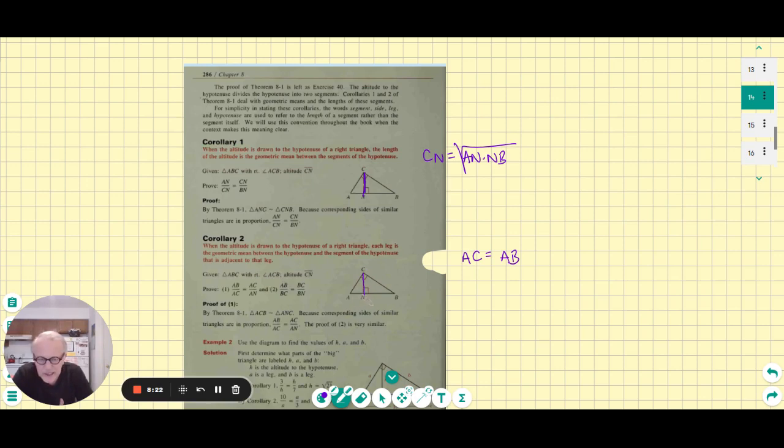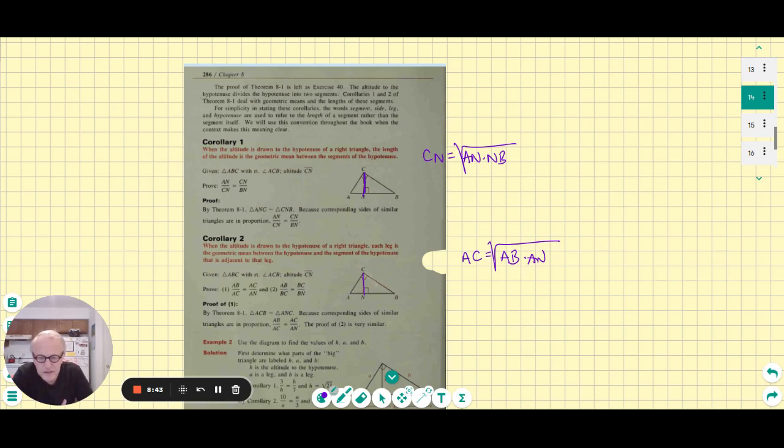So that would be the geometric mean of AB and AN. That says that AC, this segment, is equal to the geometric mean of the hypotenuse AB and the segment AN that is closest to that leg.